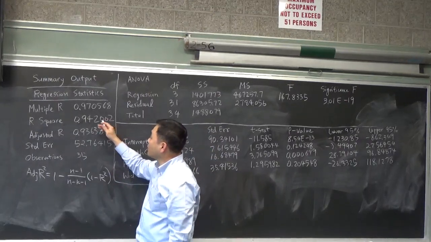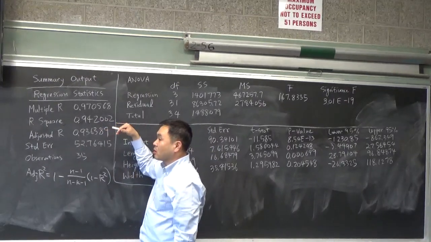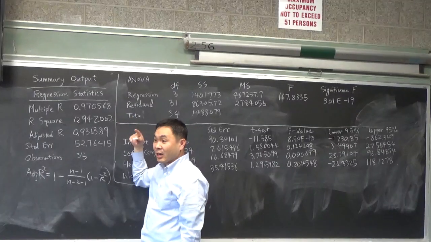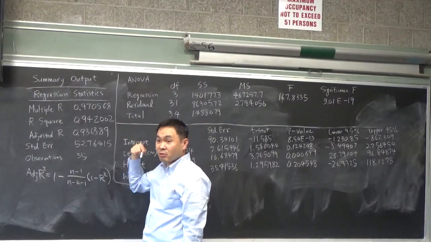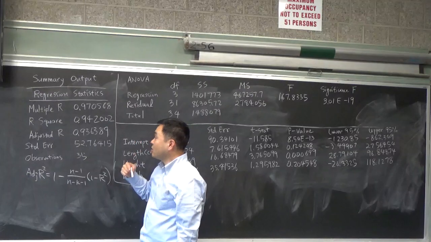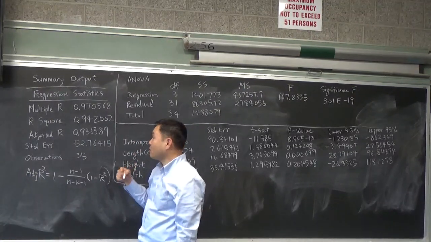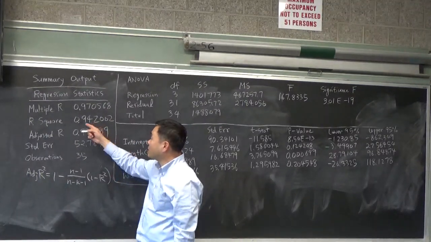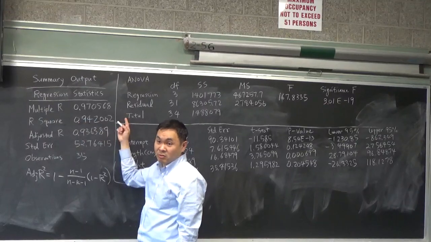So how much of the variance of the actual predicted variable y is predicted or explained by the multiple regression.